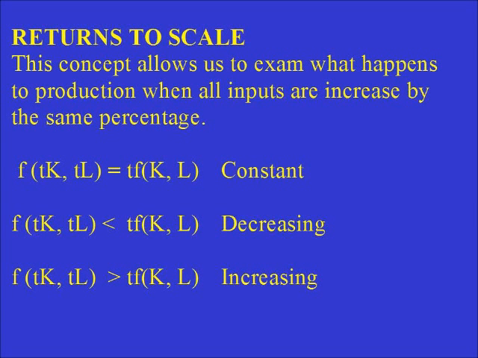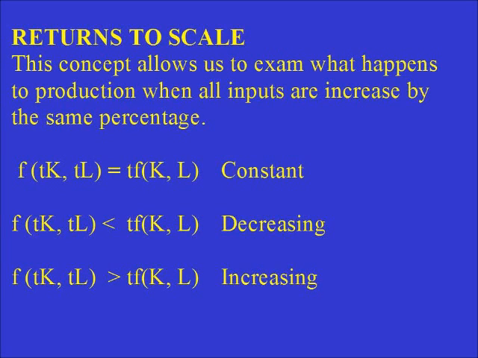Now that we've seen that the isoquant has diminishing marginal rates of technical substitution, I want to talk a little more about some of the other properties of the production function. The first one is returns to scale. This concept allows us to examine what happens to production while all inputs are increased by the same percentage.